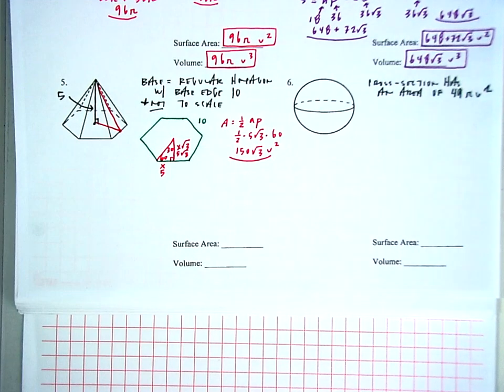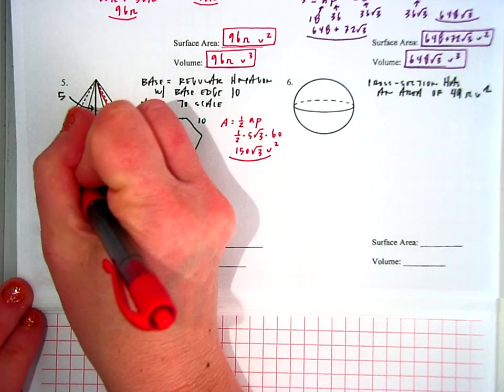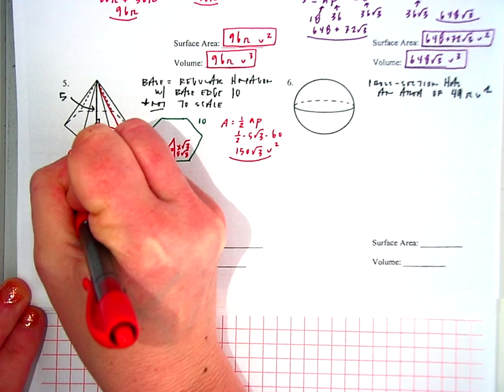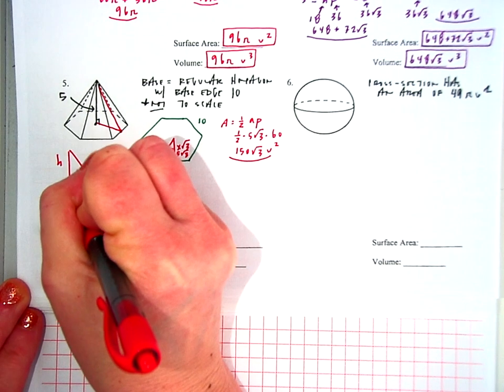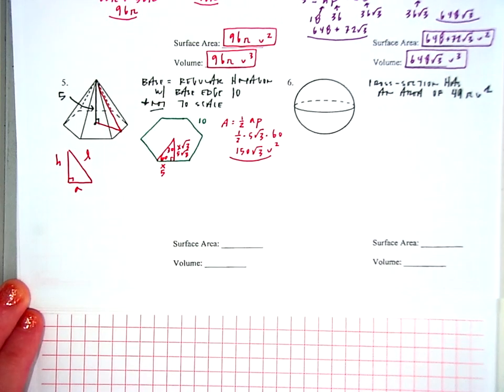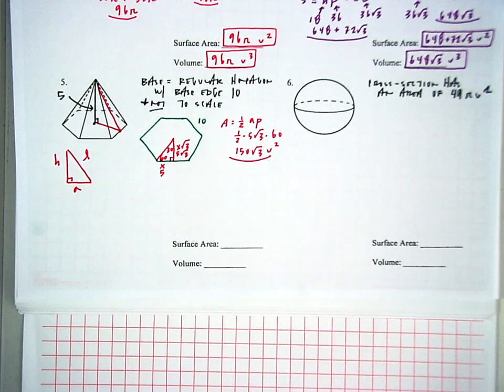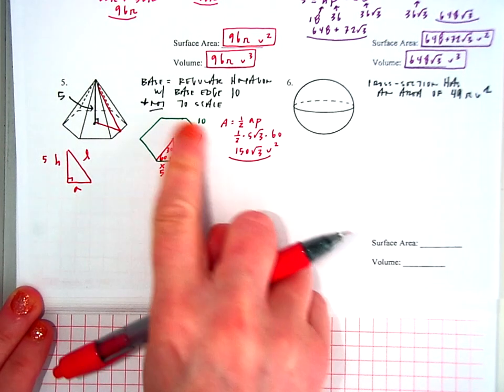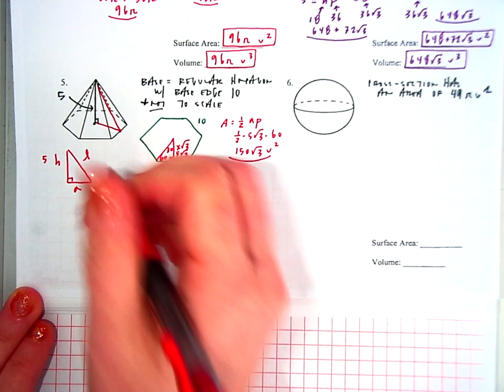That would be one of the right triangles that we keep talking about that exists inside of every right pyramid when we have a regular base. So if I look at that triangle off to the side, we know that this is the height, this is the apothem, this is the slant height right there. So we know that the height is 5. We solve for the apothem over here. The apothem was 5 root 3.